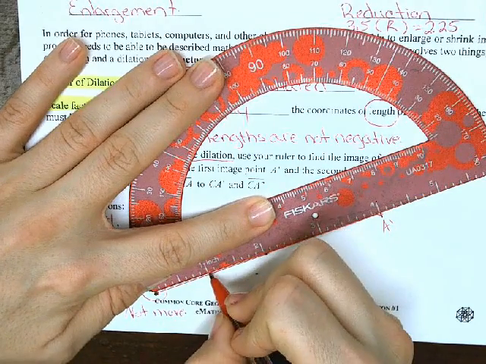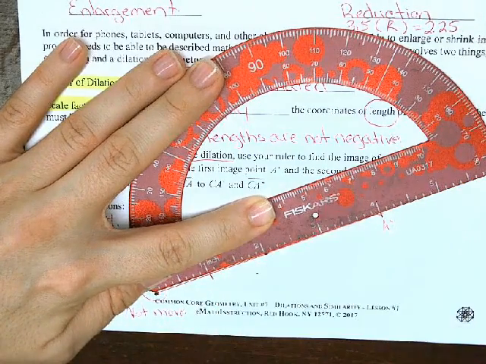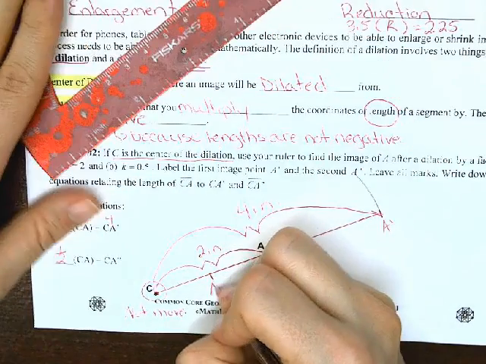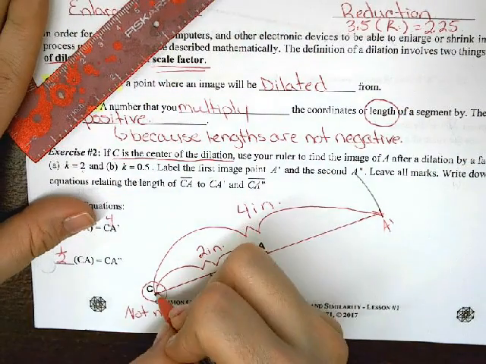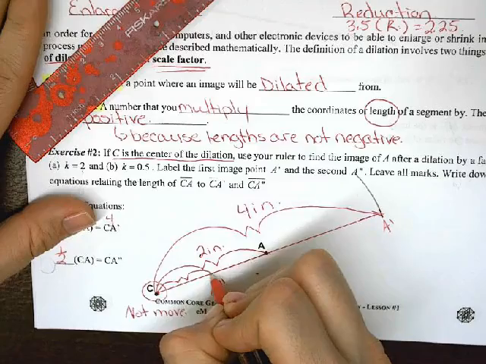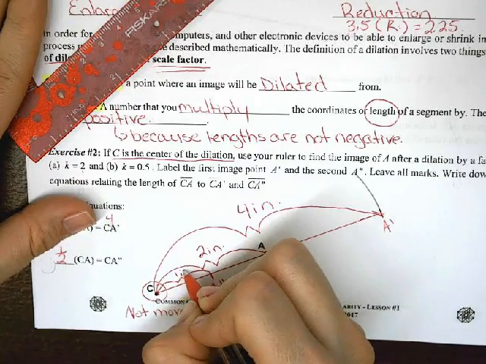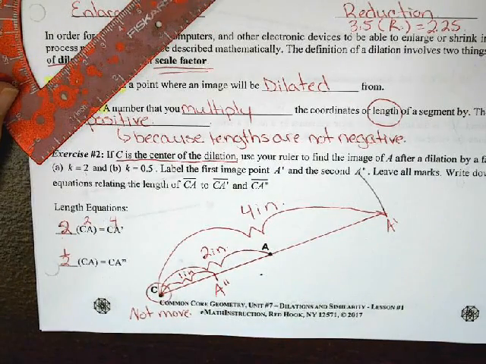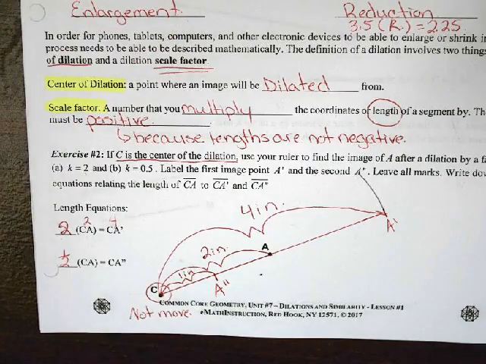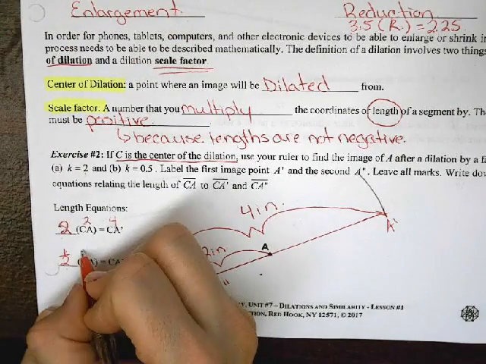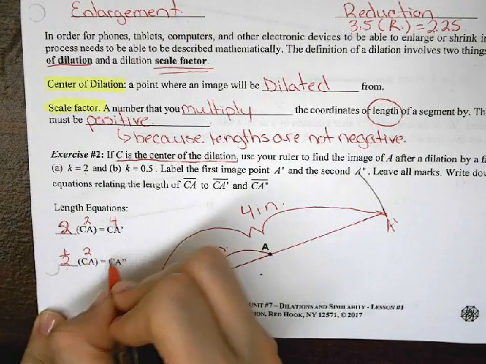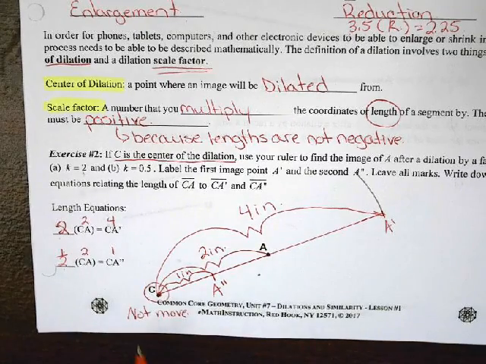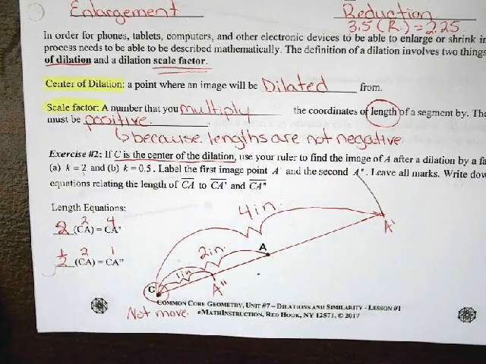I'm going to go halfway, 1 inch, and this would be A double prime, which from C to A double prime is only 1 inch. So that's essentially what a scale factor is doing. If I did half of 2, I get 1 inch. And those are the lengths that I got when I measured.